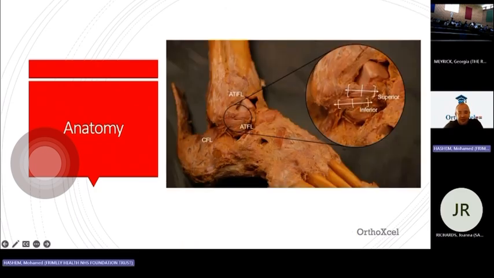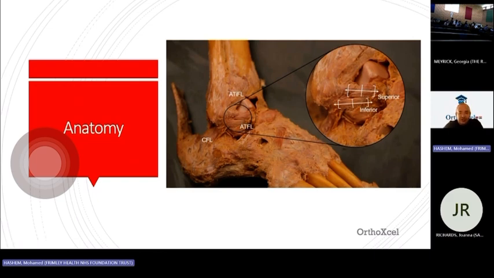The more important point to me is this: when you see the 2 bundles of the ATFL, superior and inferior, and they go into more detailed anatomy, they found that the superior bundle is actually intra-articular. So it is inside the joint. It has some synovial fluid there, and getting this to heal after repair does not happen as when we're treating an ACL. And this is another cause of chronic instability after a Broström repair.